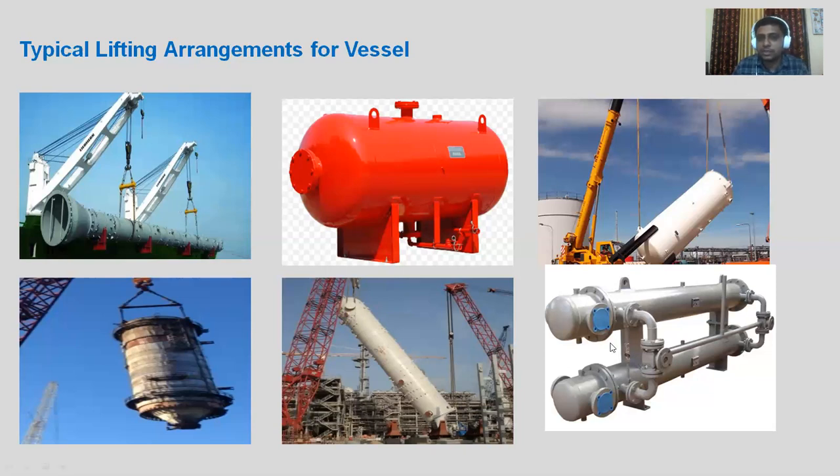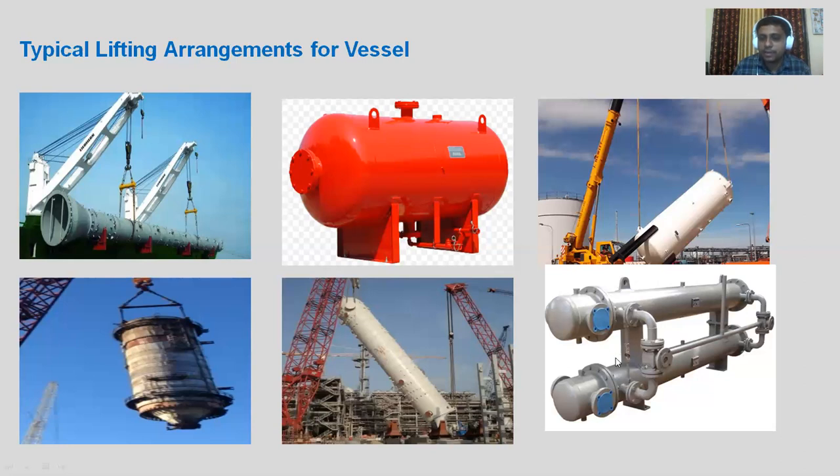So here the purpose is to show these lifting arrangements: lifting trunnions, lifting lugs, you can see over here. This is also a lifting lug, two on this side and two on another side. Here also we can use a spreader beam, or we can use a single point lift. Here you can see there is one lifting lug over here and another lifting lug. This is a stack type of heat exchanger.